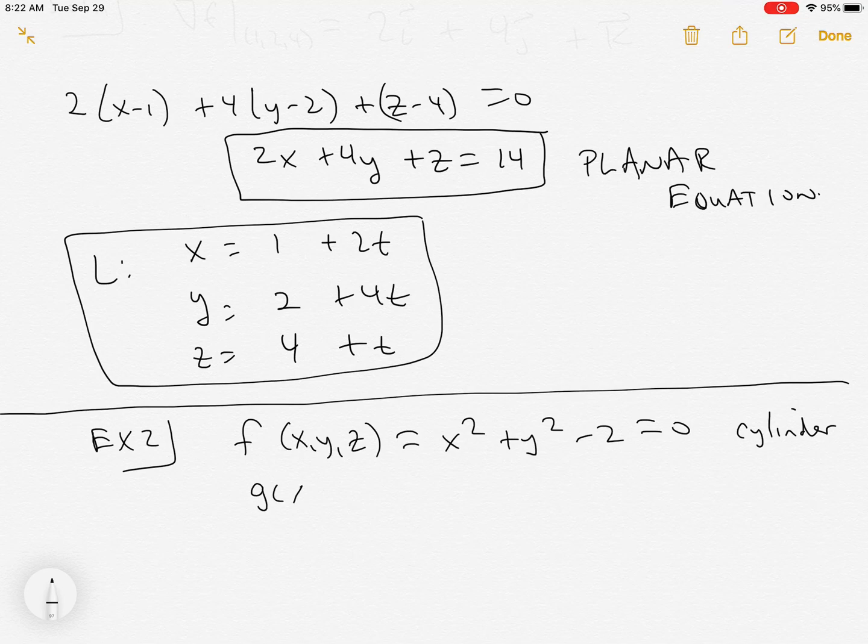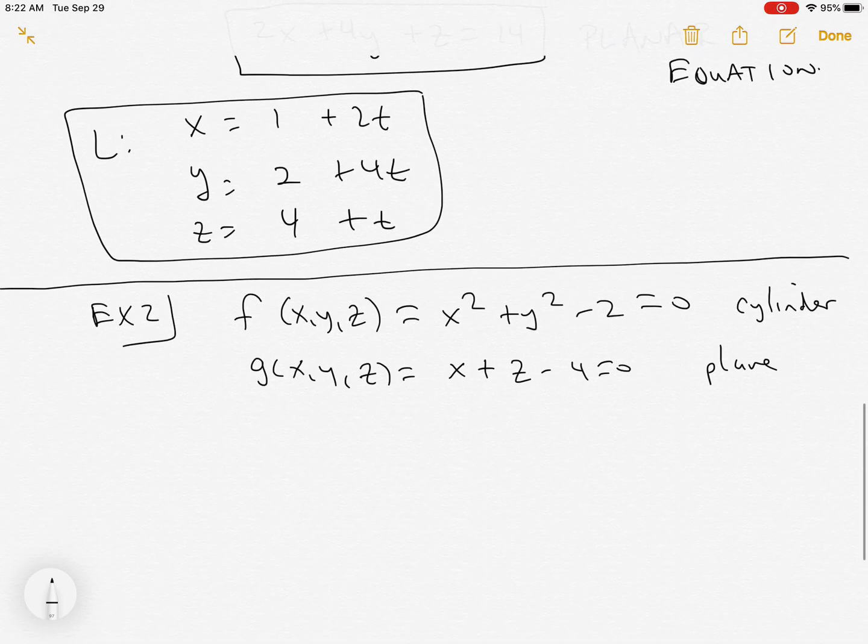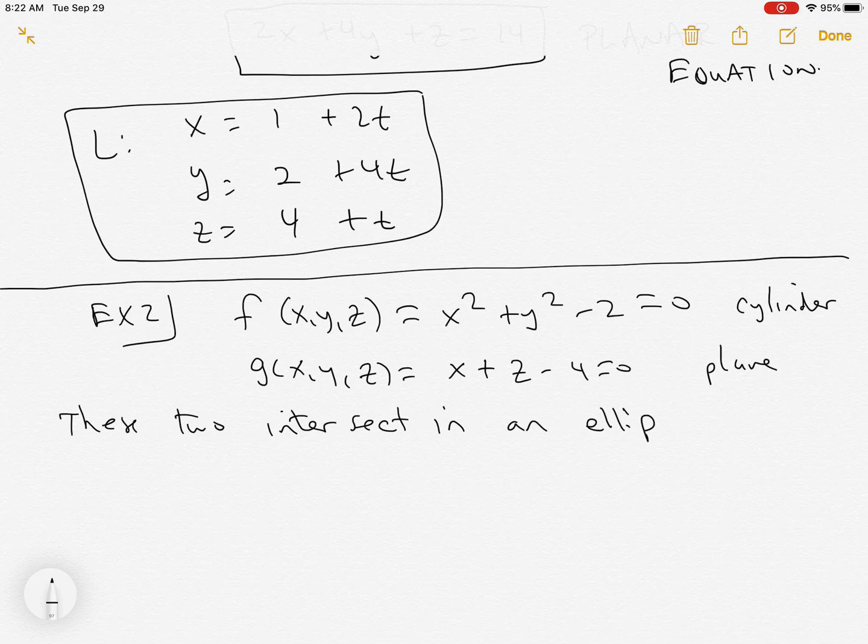And then the second guy here, x plus z minus 4 equals 0. There's a plane, right? Because it's all linear. Okay, these two intersect in an ellipse, which we're going to call E.